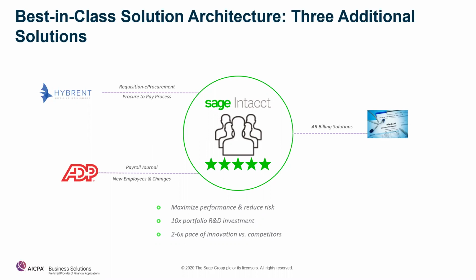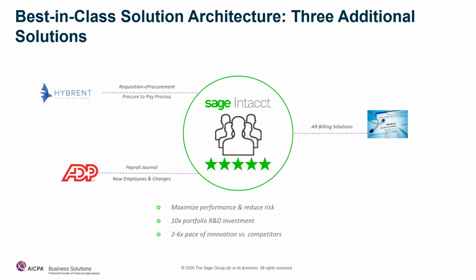The diagram that you're looking at is just an example of what that solution architecture might look like. If you see in the middle the Sage Intacct, that is that strong financial engine that Sage Intacct is going to provide. Around the perimeter, you see examples of other best-in-class applications that are going to integrate into that financial engine.